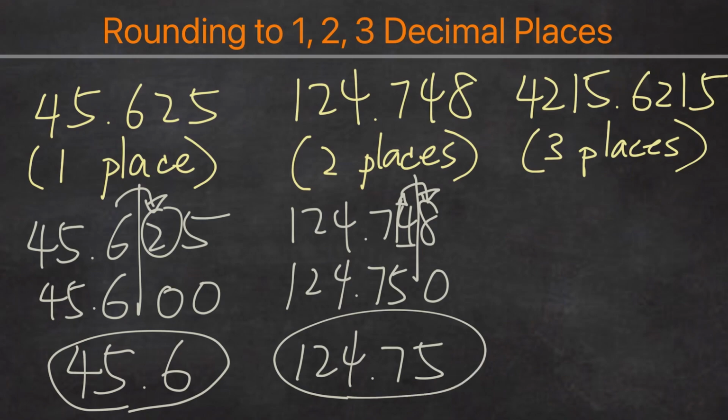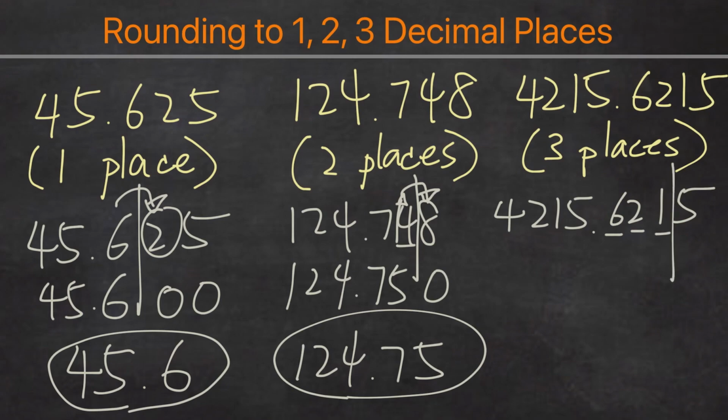And the last question, 4,215.6215. 3 decimal places. Look for the number on the right. 5 or more, raise the score. Becomes 0, and raising the 1 to 2.